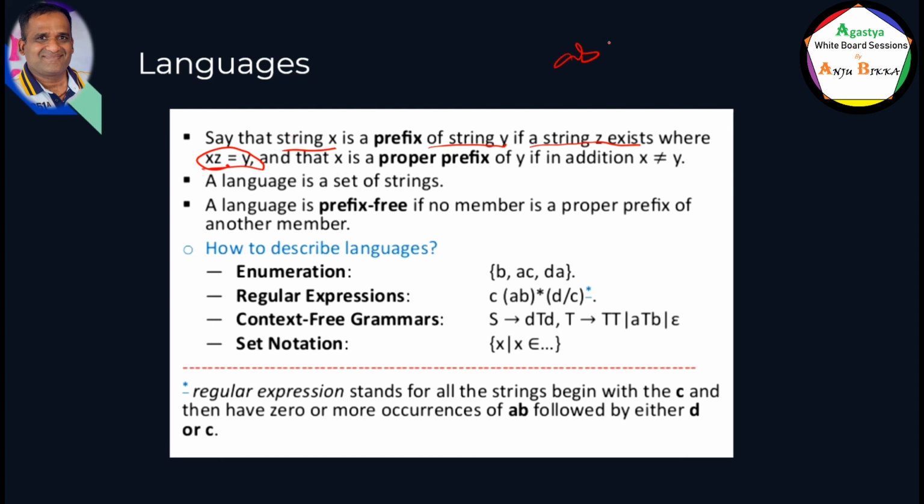For example, ABA becomes a prefix of ABAB. So A is a prefix, AB is a prefix, ABA is a prefix, and a string is a prefix of itself, but it's not a proper prefix.